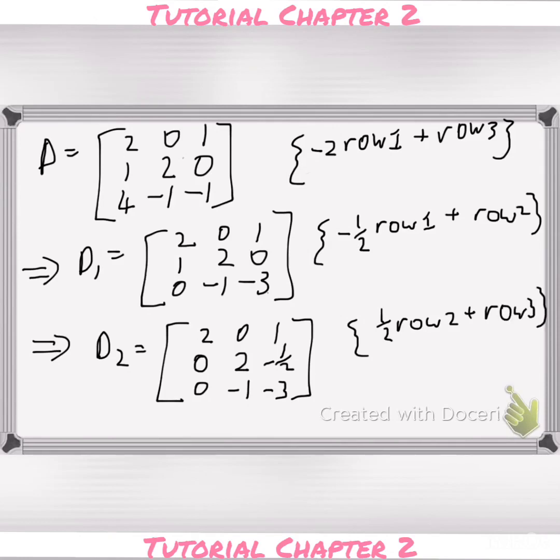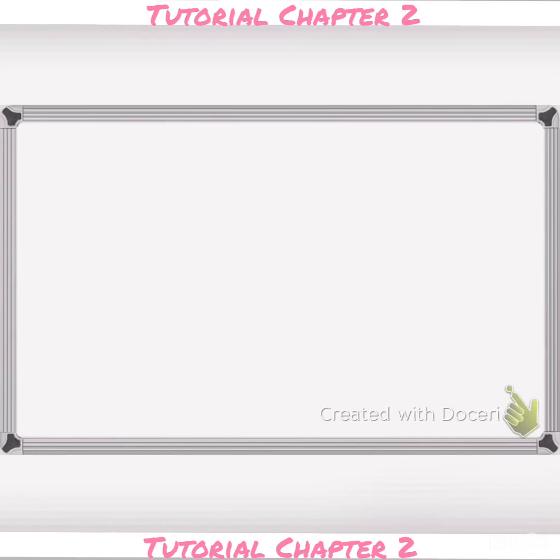Okay, so having that, that will give me a matrix D3, and that's going to be the matrix 2, 0, 1, 0, 2, minus a half. Okay, and the last row is going to be 0, 0, minus 13 over 4.